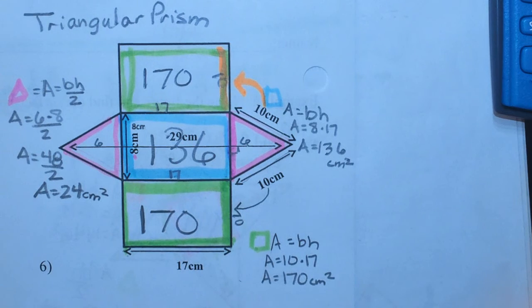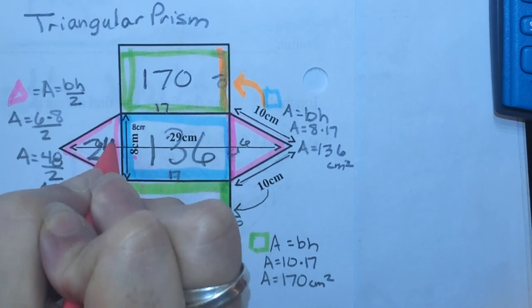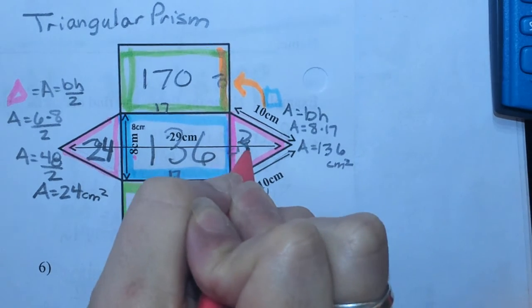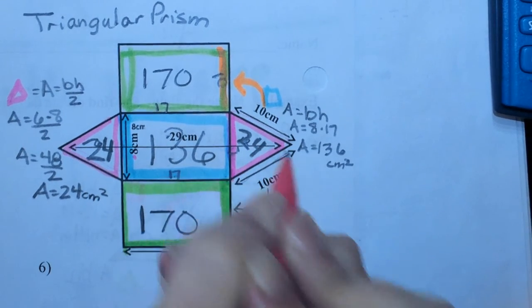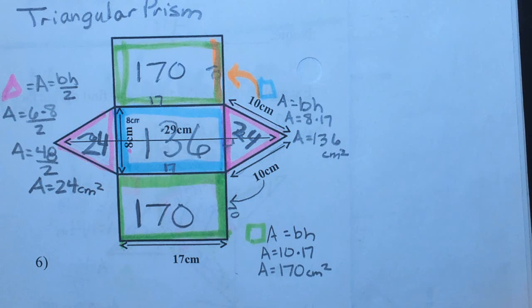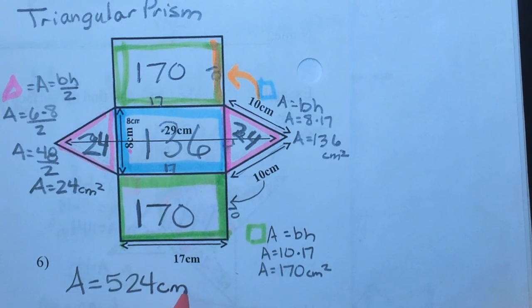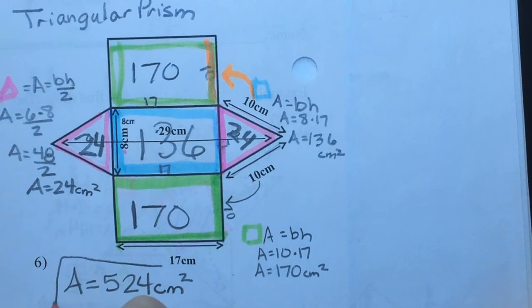Now, 24 is for each triangle. And then in the end, I think so. Yes, I got 524 centimeters squared.